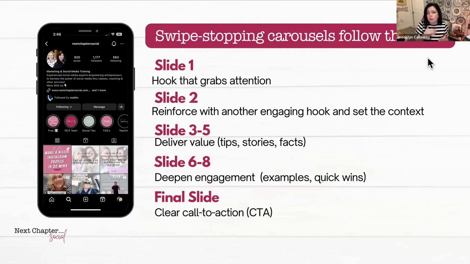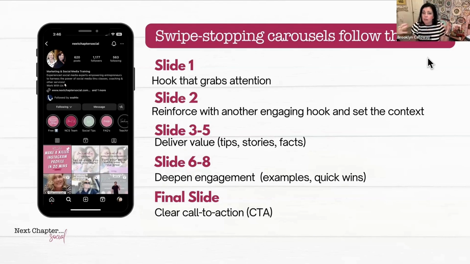Slide 2 reinforces with another engaging hook, and the second slide sets the context of what you're talking about. The first grabs the attention. The second reinforces with another engaging hook and sets the context.